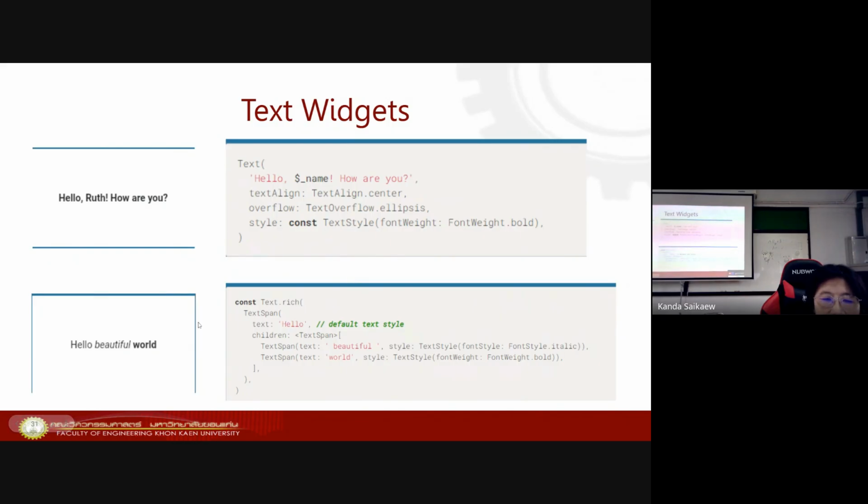You can observe that in this example, there are 3 parts of text, right? The first text is hello, and hello here uses the default text style. But for the other children, we also need to specify text span as well. Like beautiful here, we use the style italic. And bold here, we use the style bold.